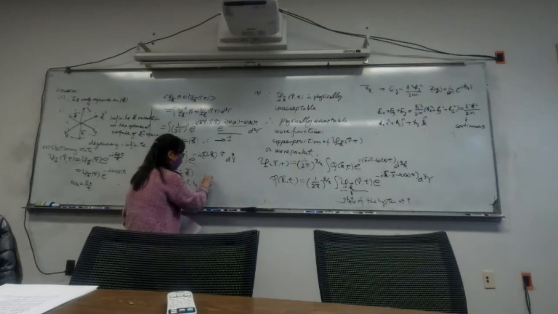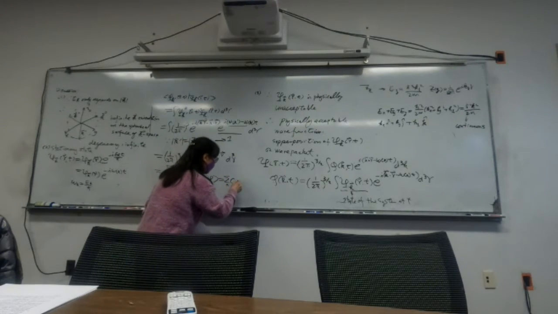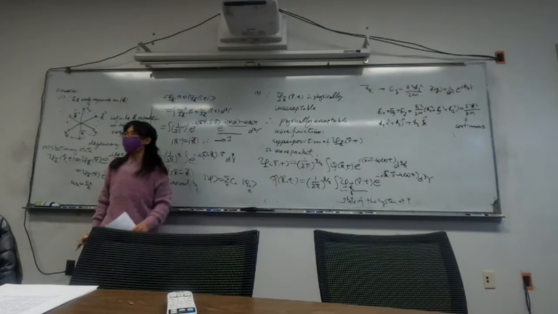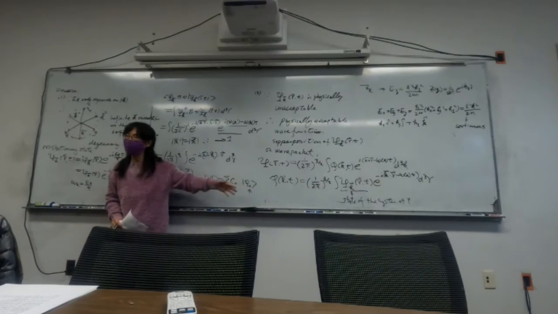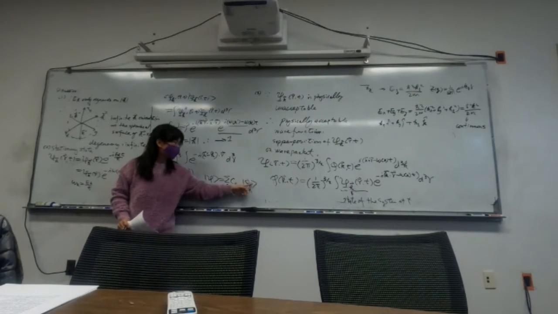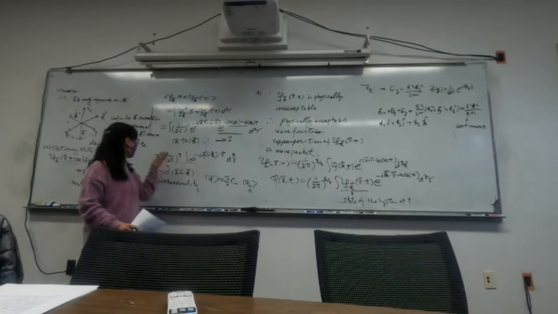Any state, let's use T_n, and these eigenstates: we can express any state as a linear combination in terms of this basis vector. In this case the eigenstates are the plane waves.